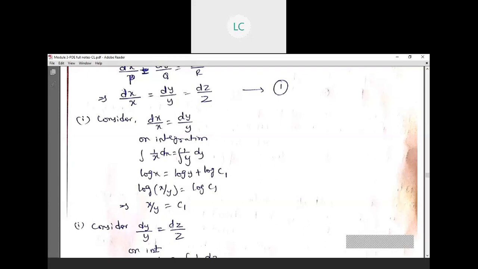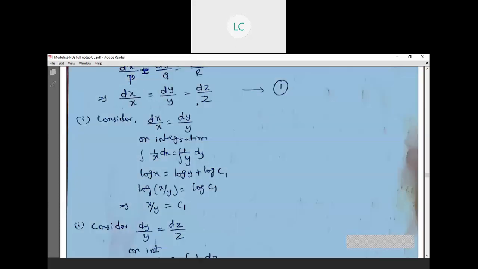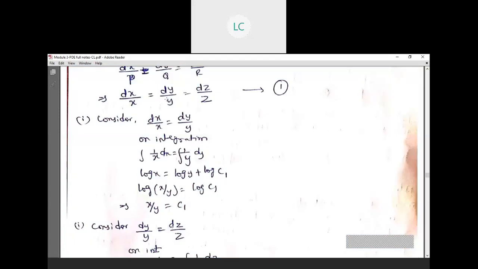See, first dx by x, dy by y. We can choose this as the first pair because here dx by x, if we integrate this we'll get log x. It is already in separable form. We need not separate the variables here. That's why I will choose the first two as one pair.